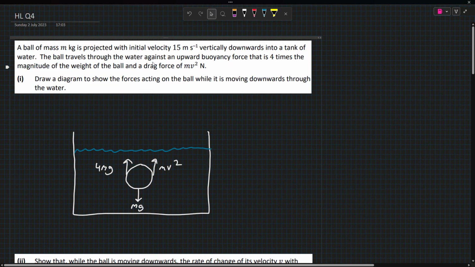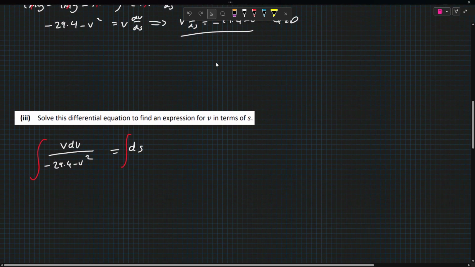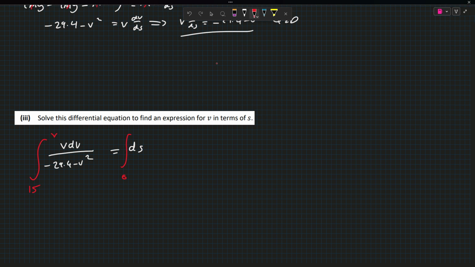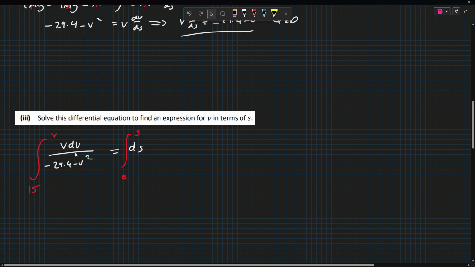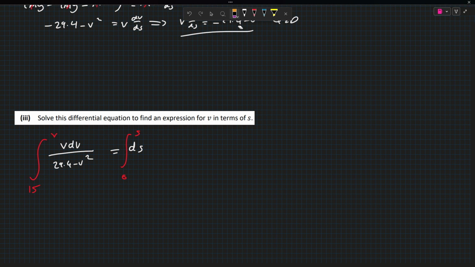Initially, it's at a depth of 0, so the displacement is 0 and it has initial velocity 15, and we're looking for v and s. In solving this, I'm going to factor out a minus, turning that into a plus, just to make it easier to integrate.